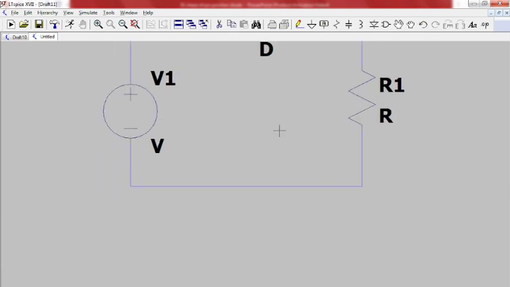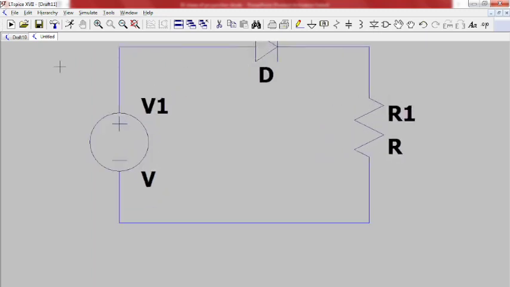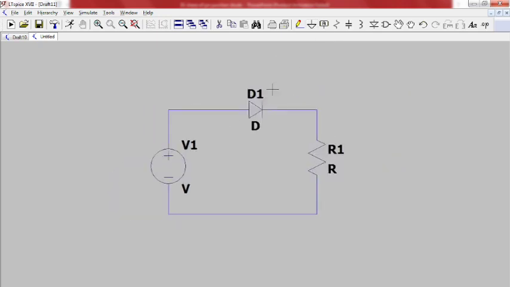Then move and zoom. Then at last we need ground. Every circuit needs a ground connection for its completion. So this is the ground tool. Just click on that and make a connection using the wire.